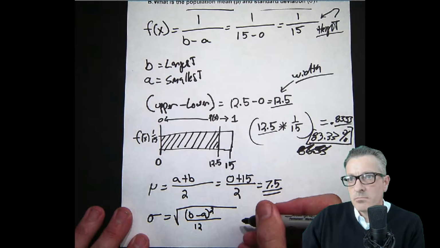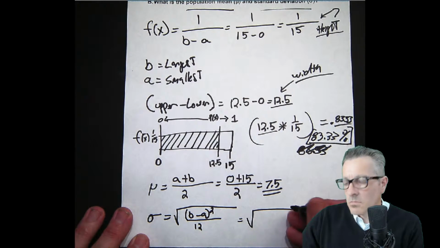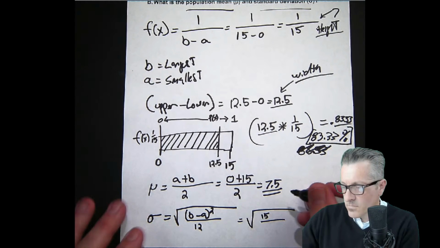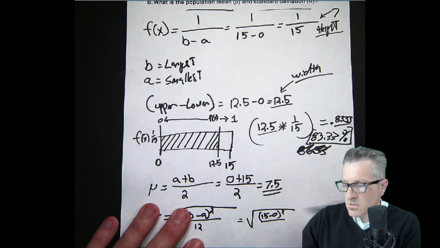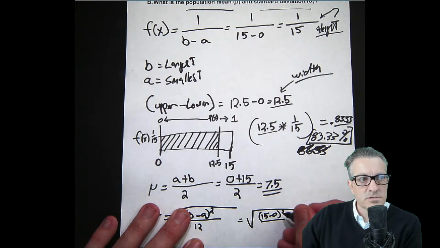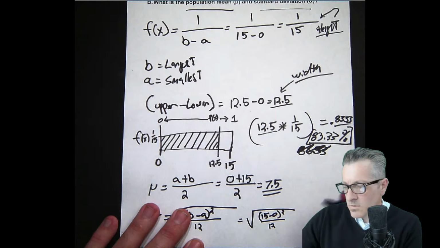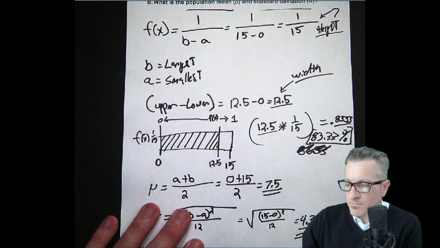For our problem, we have 15 minus 0, squared, over 12, and we end up with 4.3 as our standard deviation.